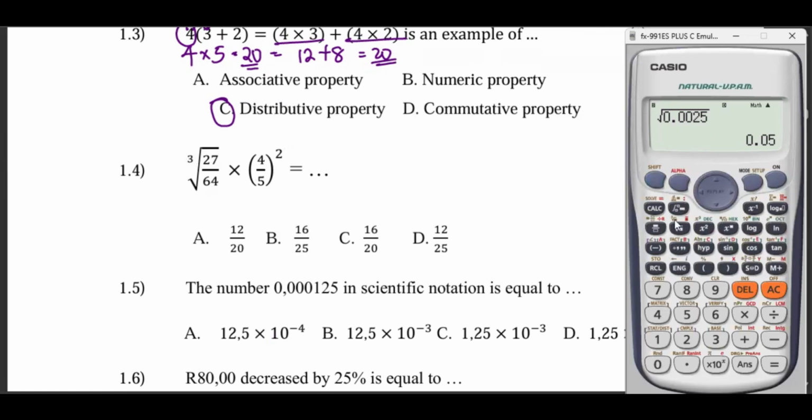We have to get a cube root of 27 over 64, push using this arrow here, times, open brackets, put this symbol there, 4 out of 5, close brackets, to the power of 2. What is the answer? 12 comma. So here our answer is D.